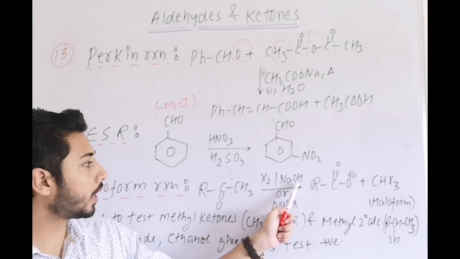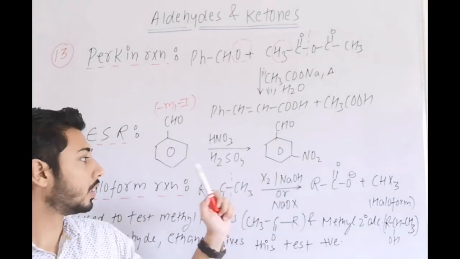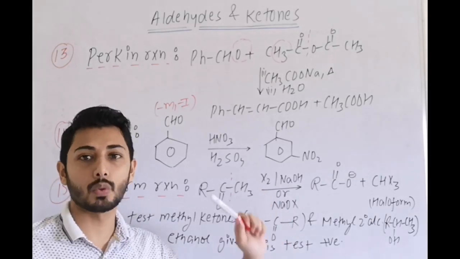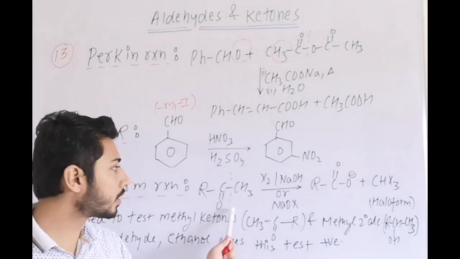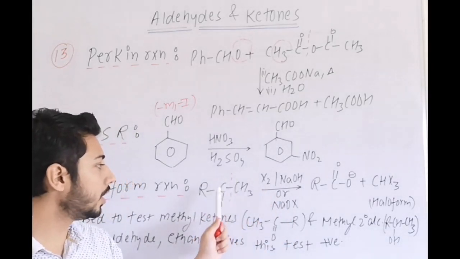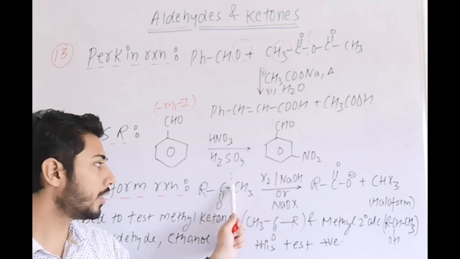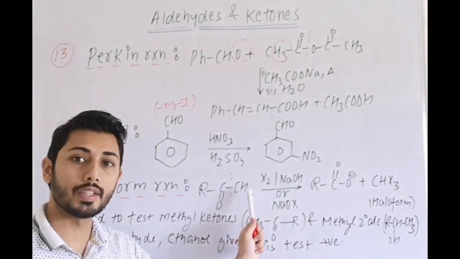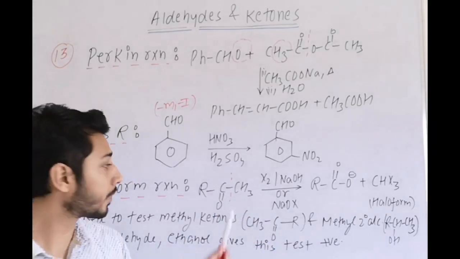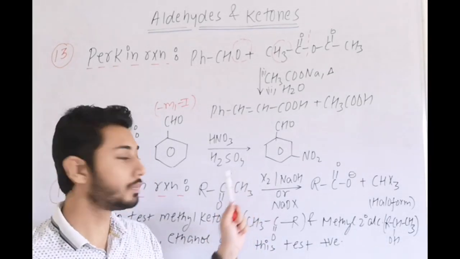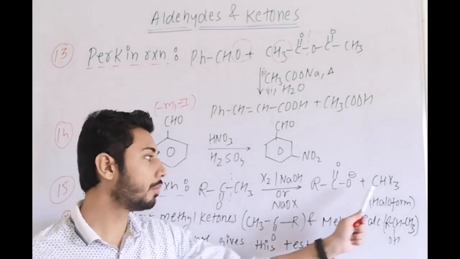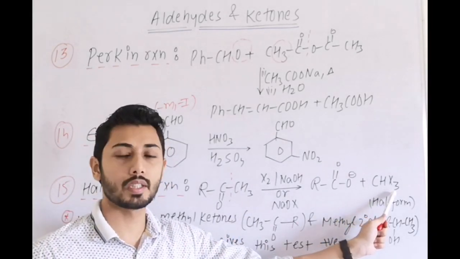After this, due to alkaline medium, it undergoes nucleophilic addition of OH minus, just like Cannizzaro reaction, and when bond is cleaved, it forms RC double bond O OH plus CX3 minus. Why? Because all H substituted by halogen, CX3 minus. Acid gives H plus to CX3 minus and forms haloform CHX3.